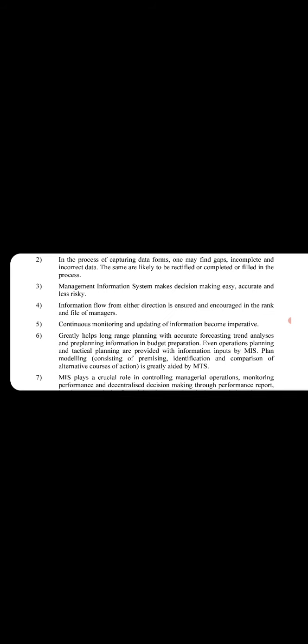Fourth one is information flow from either direction is ensured in the rank and file of managers. Fifth one is continuous monitoring and updation of information become imperative. Sixth one is greatly helps long range planning with accurate forecasting, trend analysis and preparing information in budget preparation. Seventh one is MIS plays a crucial role in controlling managerial operations, monitoring performance, and decentralized decision making through performance reports, break-even analysis, financial ratios.